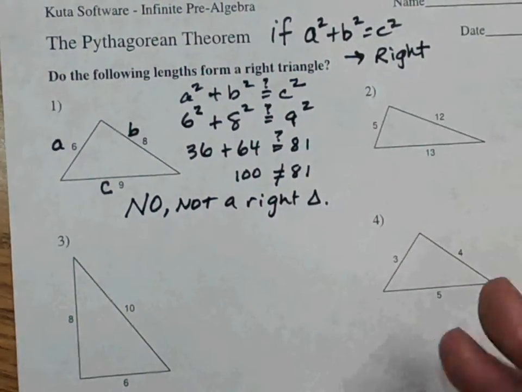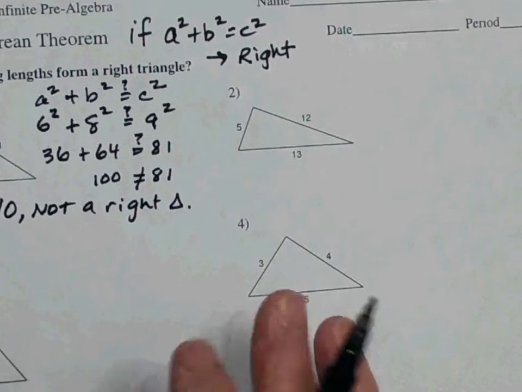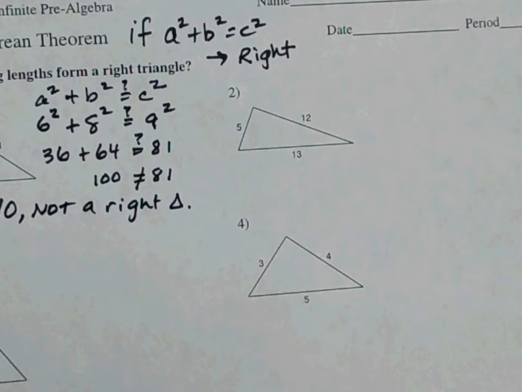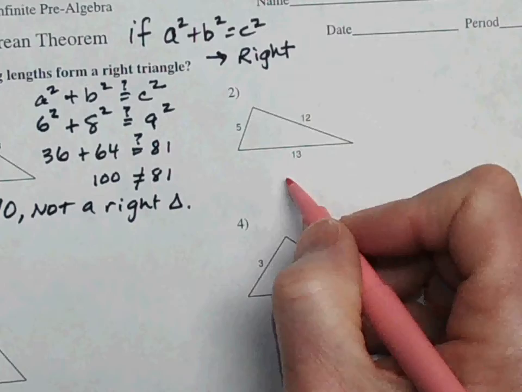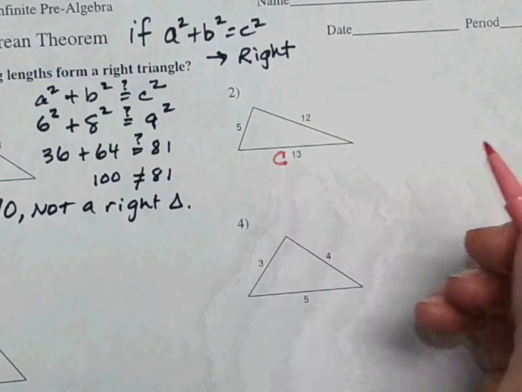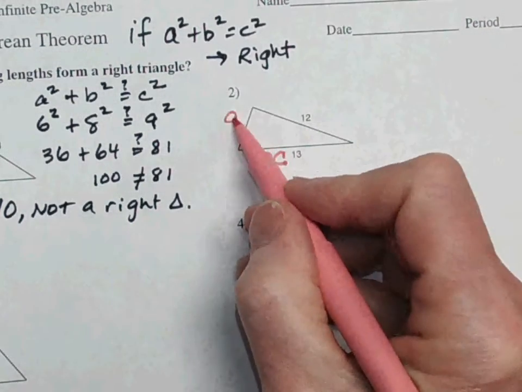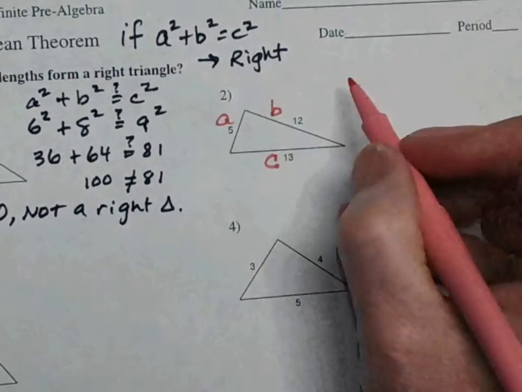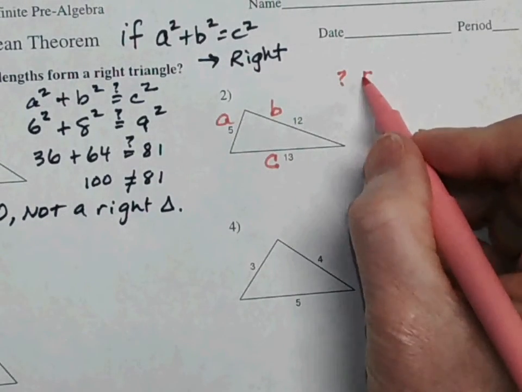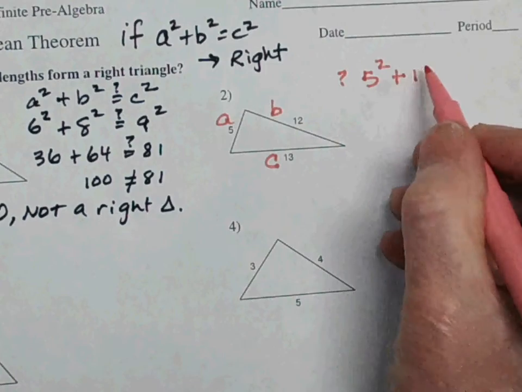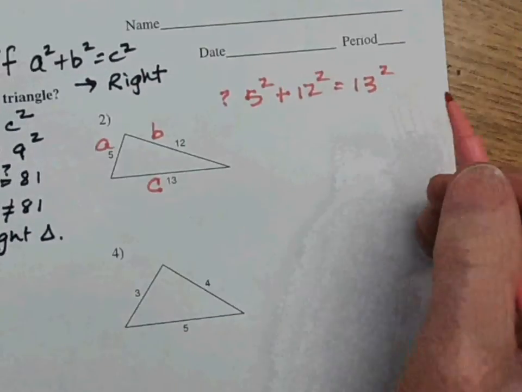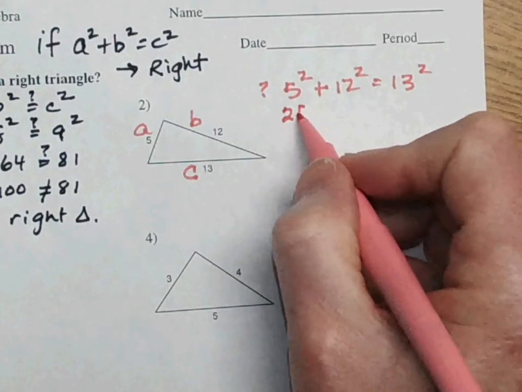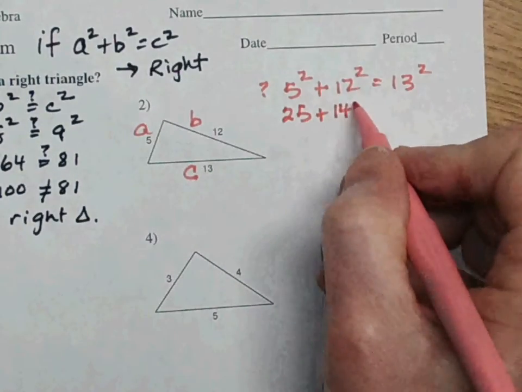Okay. This next one, 5, 12, 13. I'm using a different color pen for fun. I know that the longest side would be the hypotenuse if it's a right triangle, which is 13. So I will call this A and this B. So my question is, does 5 squared plus 12 squared equal 13 squared? 5 squared is 25. 12 squared is 144.